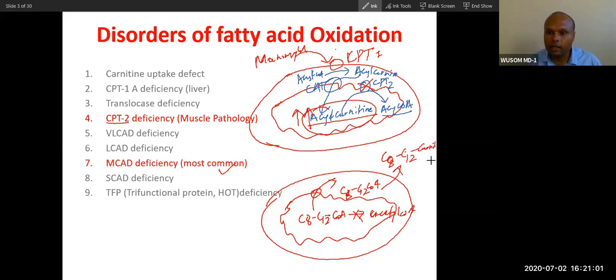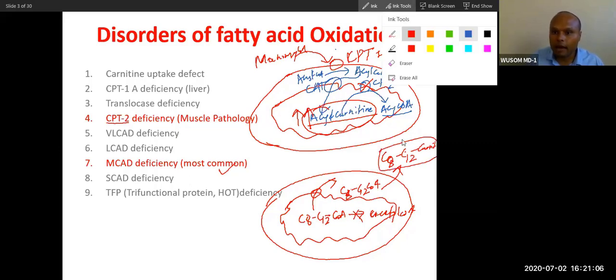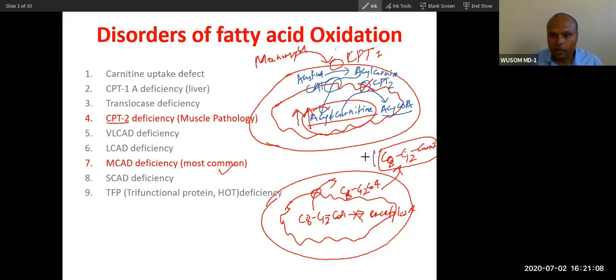Did you get that? In this condition, you will see the patient has a very high amount of C8 to C12 medium chain acyl carnitine. You can call it medium chain acyl carnitine.